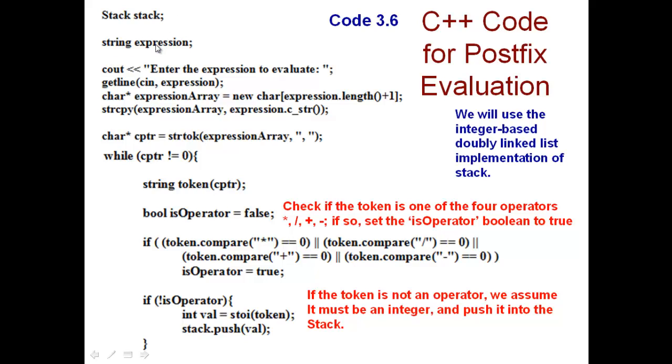So the expression is basically the integer values separated by a comma as a delimiter, and then you could have plus, star, whatever operator in between the delimiters. Okay, so if you want to do 2 plus 3, you would input, again, you assume here you are inputting the expression as a postfix expression.